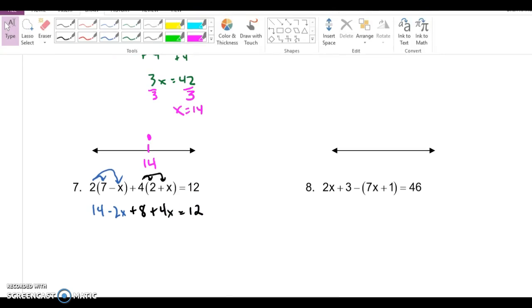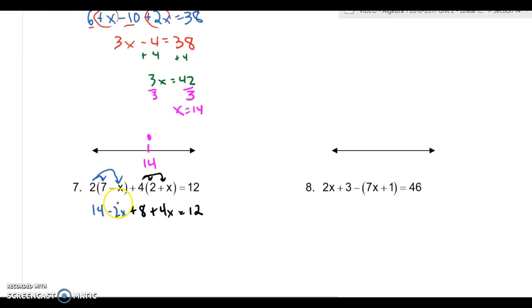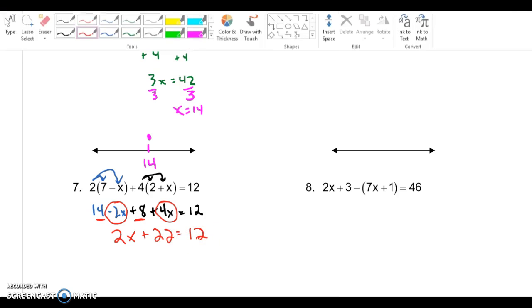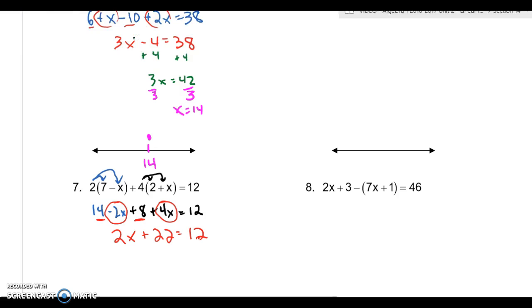In my next step, I'm going to combine like terms like I did in the previous question. So negative 2x and 4x gives me 2x. And a 14 plus an 8 is a 22. And that's supposed to equal 12. Now, to reverse, I'm going to get rid of plus 22 by subtracting 22.